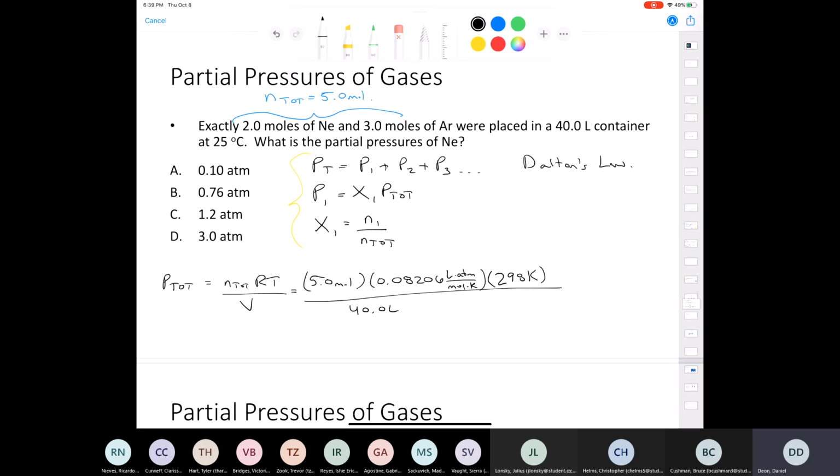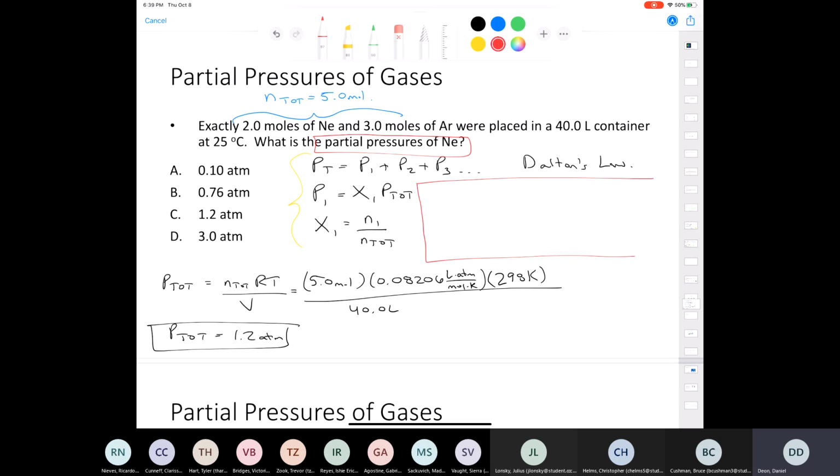I plug that all into my calculator, and I get my total pressure is equal to 1.2 atmospheres. Now that's the pressure of both of these gases. So it's asking us, what is the partial pressure of neon?